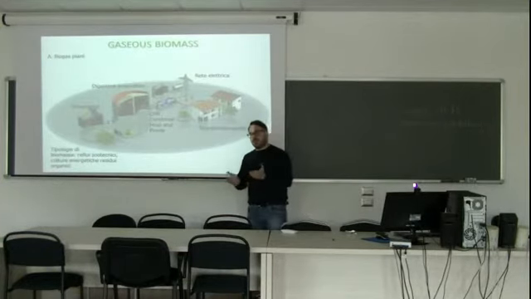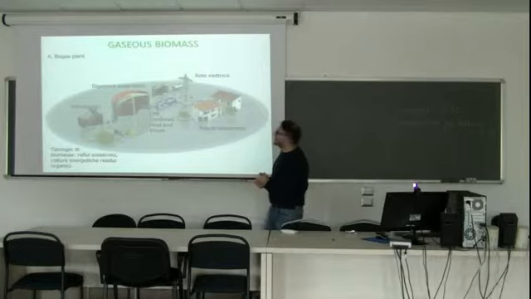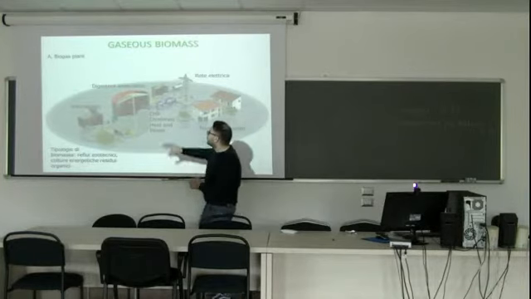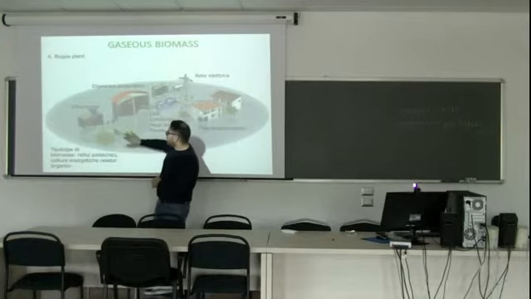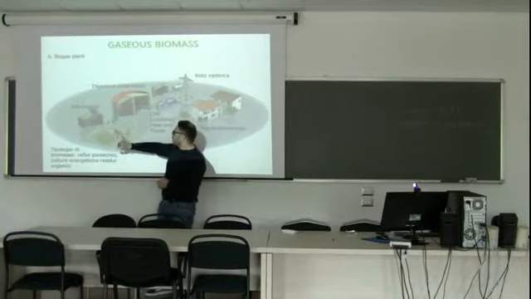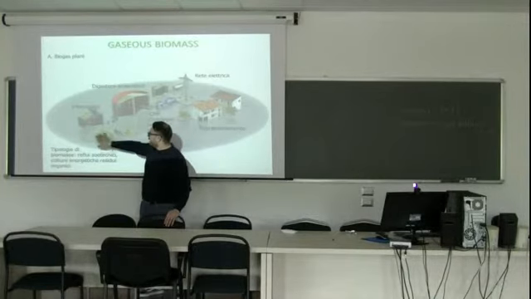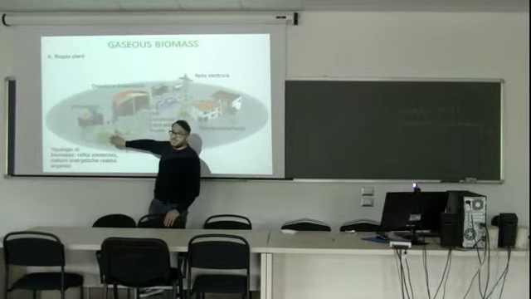Gaseous biomass, there is the biogas. The biogas is the result of the anaerobic digestion of biomass. There are 3 different types of biomass: zootechnical manure, the organic fraction of municipal solid waste produced by the city, and some agriculture residues.